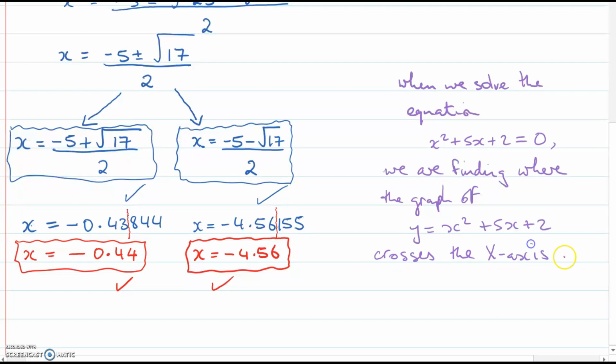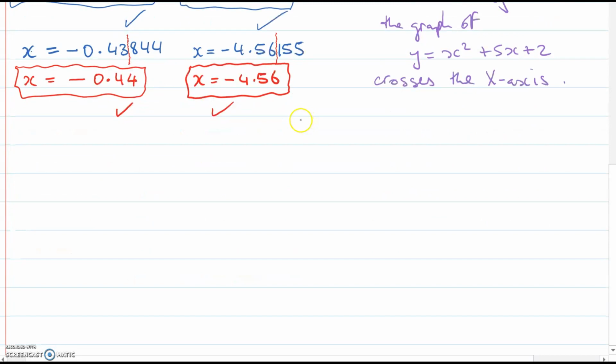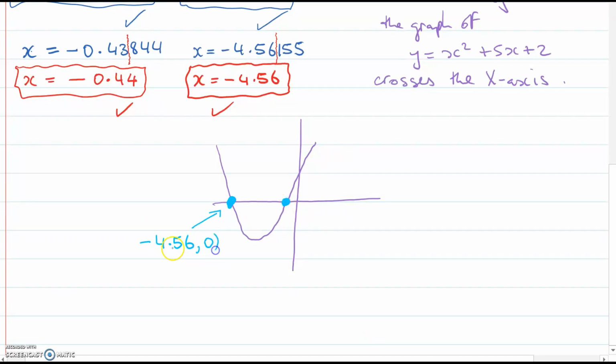We can sketch that now, and you've already drawn it on your calculator, so you know what it looks like. It looks like this. This is negative 4.56 on the x-axis, and this point is negative 0.44 on the x-axis.